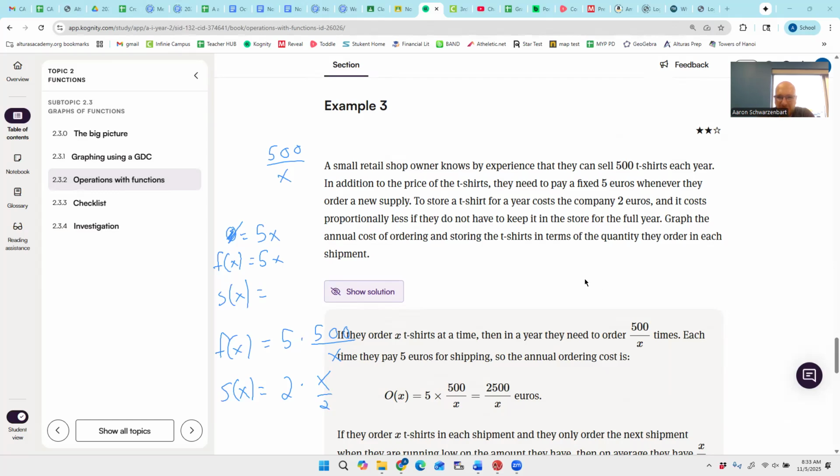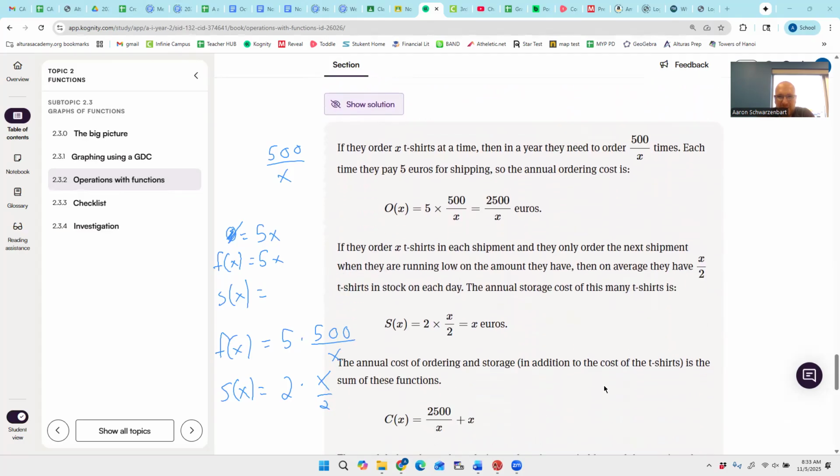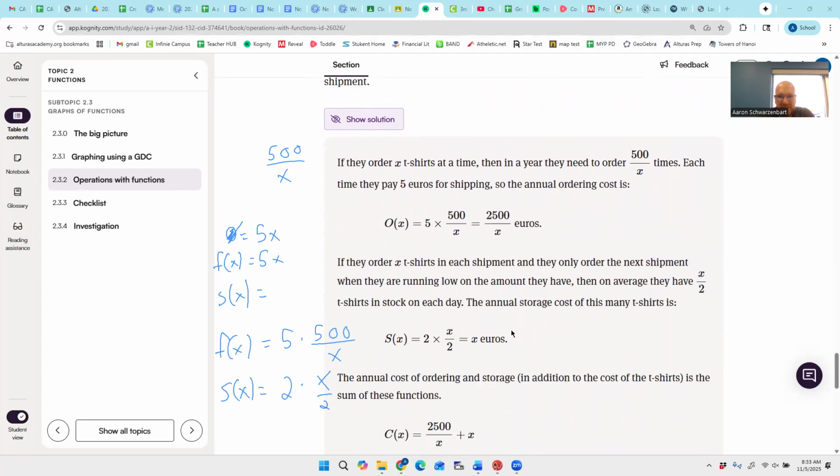I would assume we're going to make multiple orders a year, but I think it costs them $2 per between order would be a better way of saying it. And the less length you're storing it, the less you have to pay to store, right? It's a little bit weird. They're saying on average, you store a t-shirt for half the time.